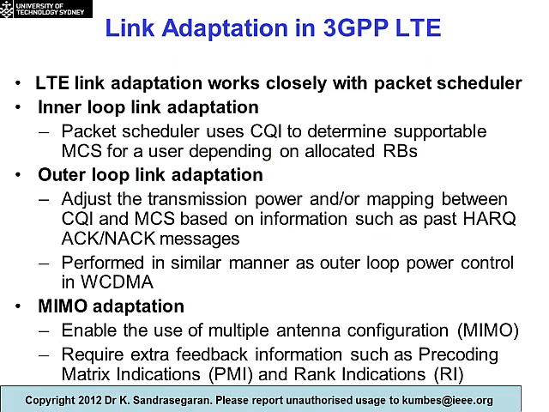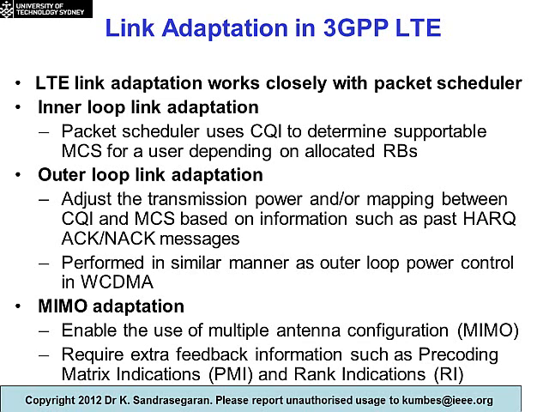The other aspect is that link adaptation has to work very closely with the packet scheduler, because these two are quite related functions. We have three types of adaptation. We have inner loop link adaptation, where the packet scheduler uses the CQI to determine the supportable MCS for a user depending on the allocated resource blocks.